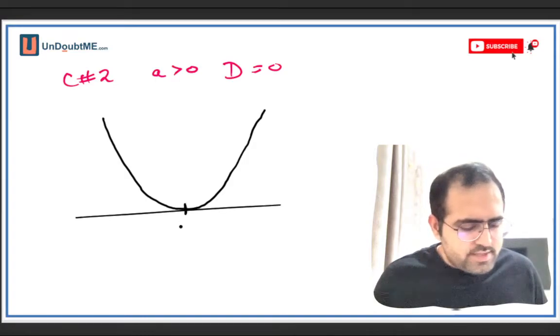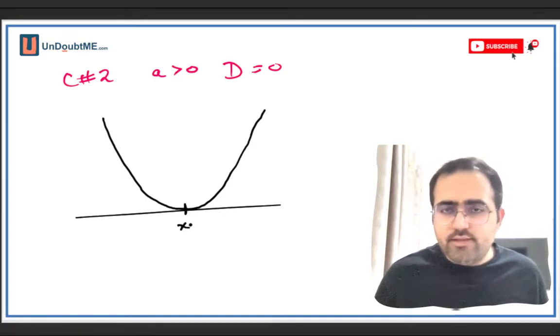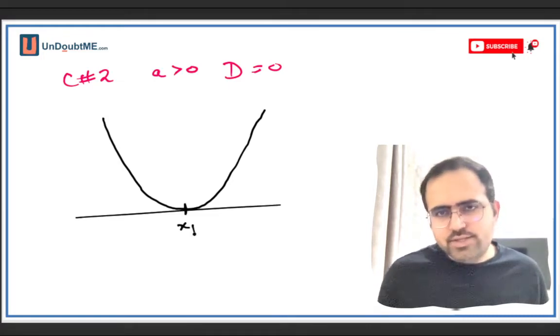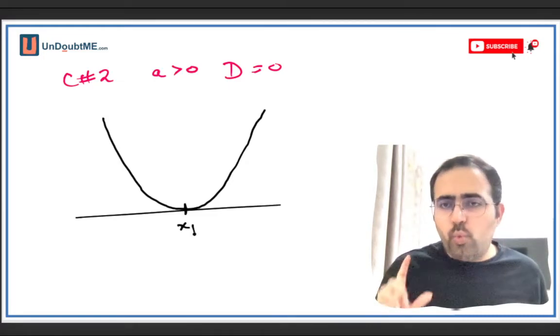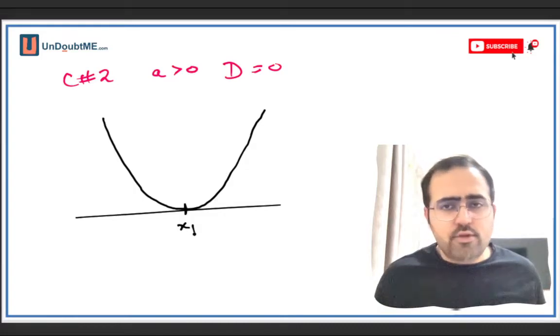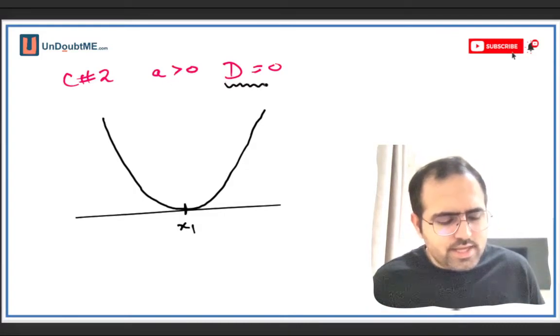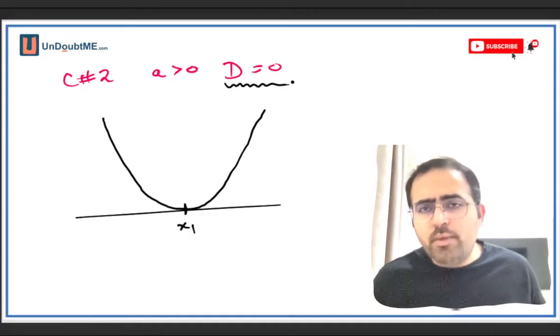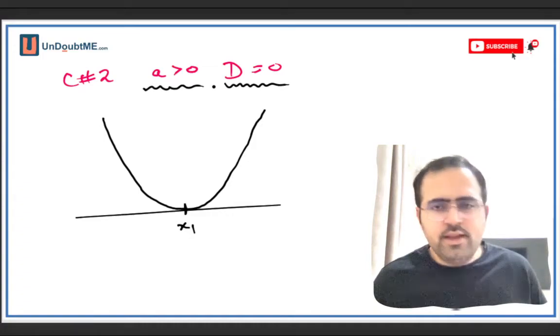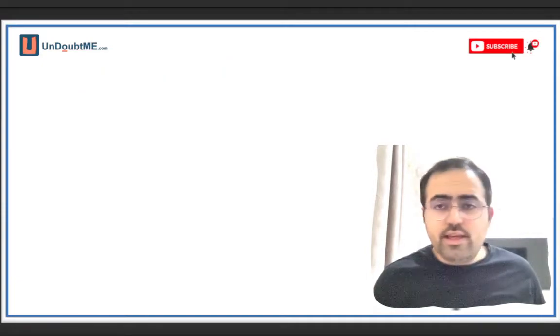It will only touch at one particular value of x, I can call it x1, just an illustrative value, and there will be only one root. This is a case of equal roots. Equal roots arise when d equal to 0 and it is an upward parabola, meaning a is greater than 0.